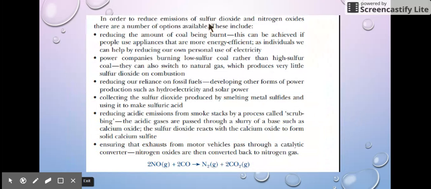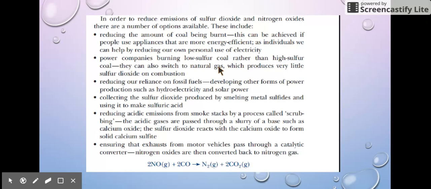So in order to reduce the sulfur dioxide and nitrogen oxides, we can reduce the amount of coal being burnt. Well, that can be done by being energy efficient, turning off appliances when we don't need them, and getting companies to use low sulfur coals.